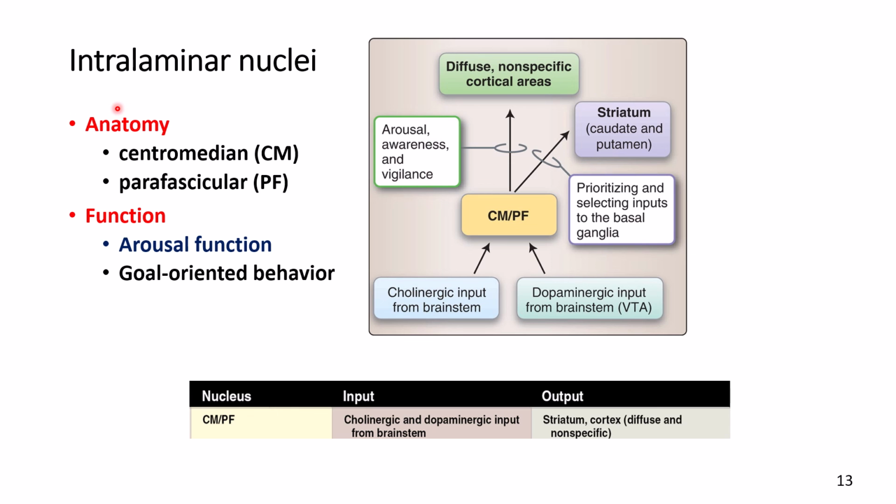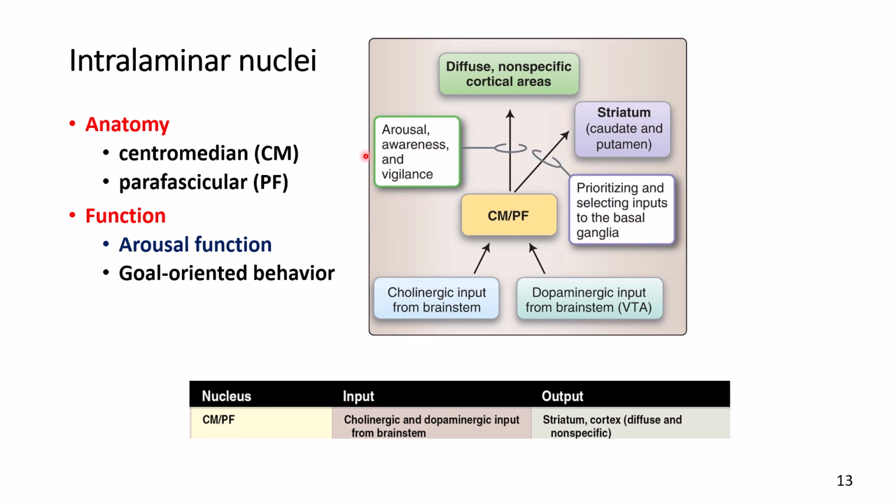So the other nuclei, one of them is intralaminar nuclei. So there's two of them, centromedial and parafascicular. And these nuclei receive different information. So this is cholinergic information that's coming from the brain, and that provides acetylcholine to the cortex of the brain, and that is important for wakefulness and arousal and concentration.